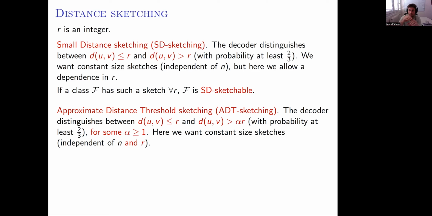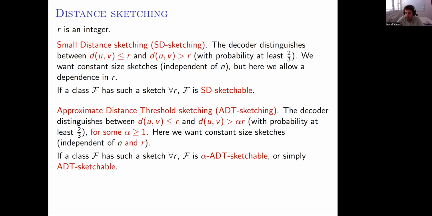So this is quite different from the other one. And again, if you have this for all R, you're said to be alpha-ADT sketchable or just ADT sketchable. It has to be the same alpha.